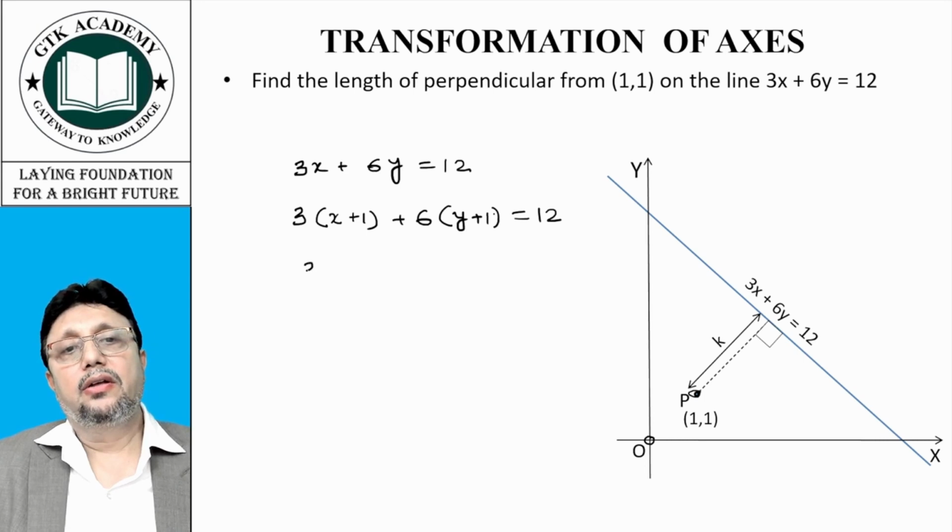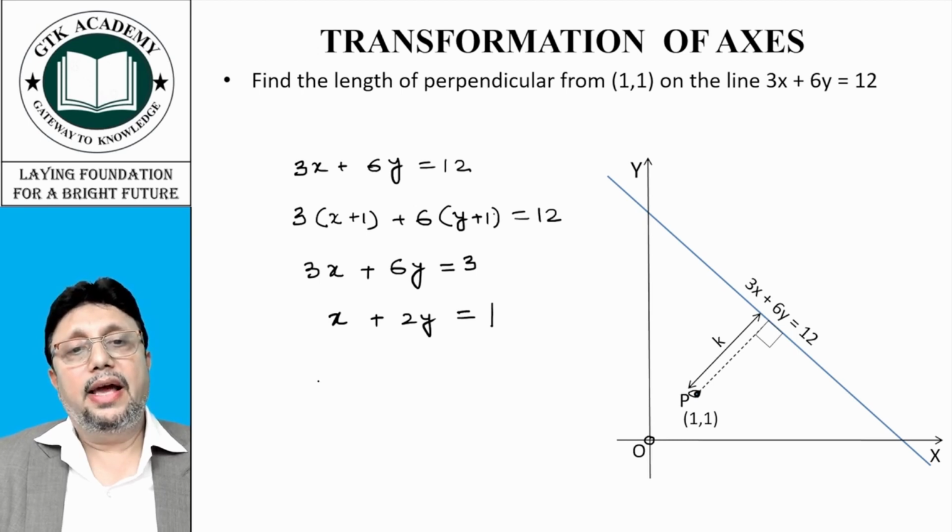That means 3x plus 6y plus 9 is equal to 12, so 3x plus 6y is equal to 12 minus 9, 3. That means x plus 2y is equal to 1.